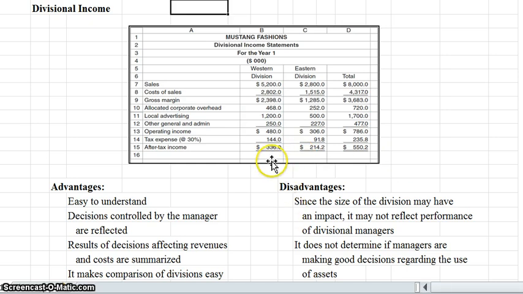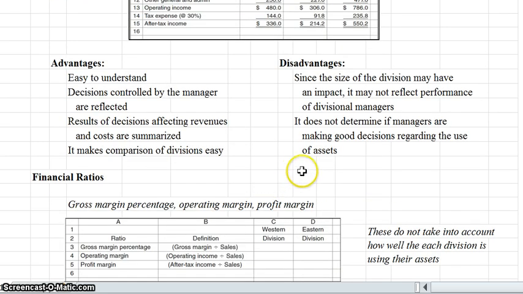Now, what we could do is take it a step further and say, okay, if we're concerned about size, then we could do it relationally. So we could say, how much as a percentage of sales is that after-tax income? How are they doing as it relates to that? And so that brings us down to some financial ratios.